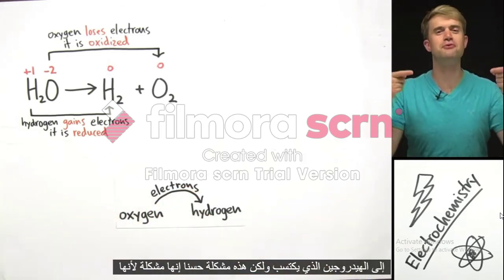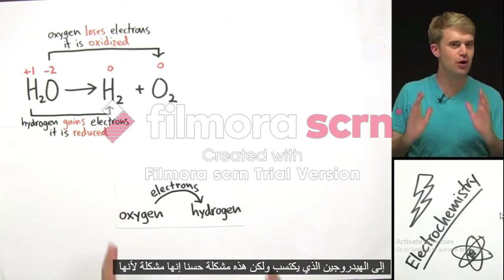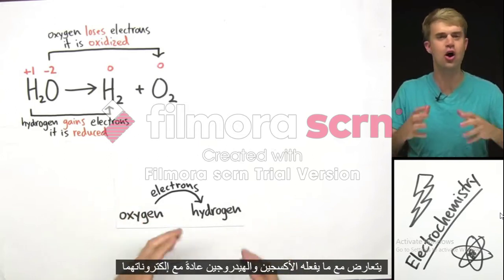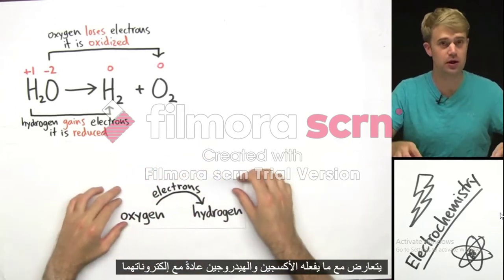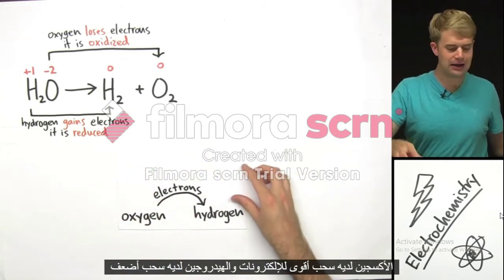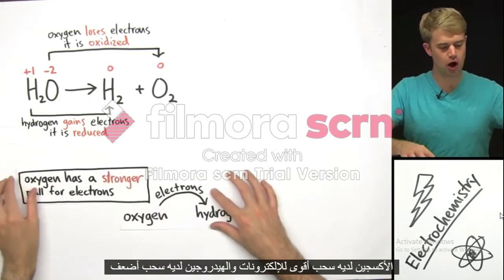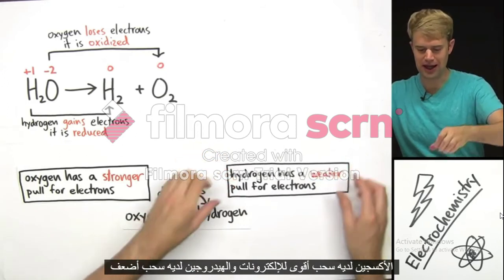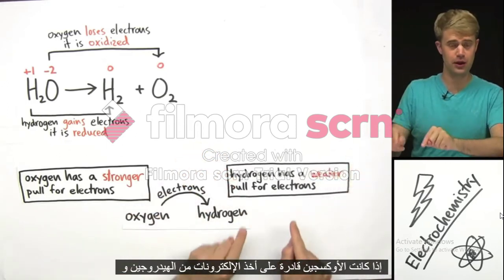But this is a problem. It's a problem because it goes against what oxygen and hydrogen normally do with their electrons. Oxygen has a stronger pull for electrons, and hydrogen has a weaker pull for electrons.